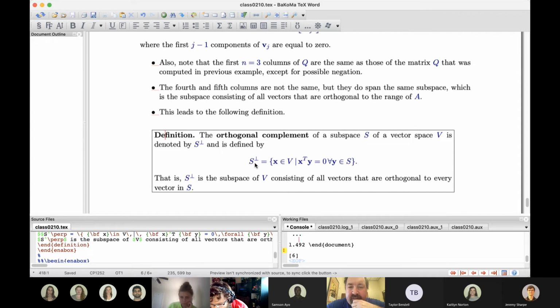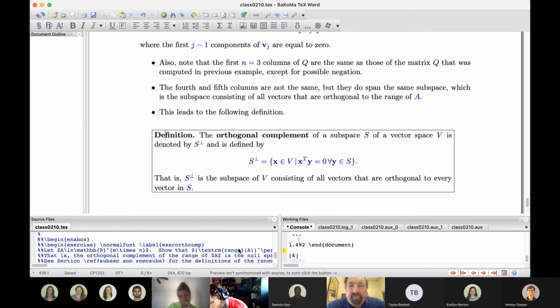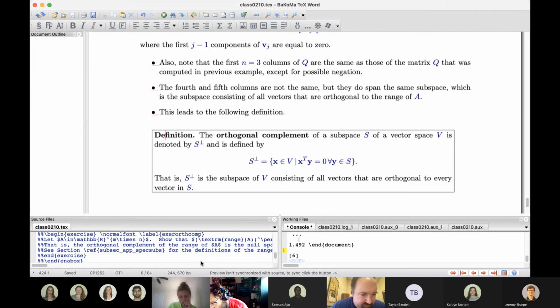So every vector in S perp is orthogonal to every vector in S. Basically, you're dividing a vector space V into S and S perp. So the first n columns of Q span the column space of A. The other columns of Q span the orthogonal complement of the column space of A.